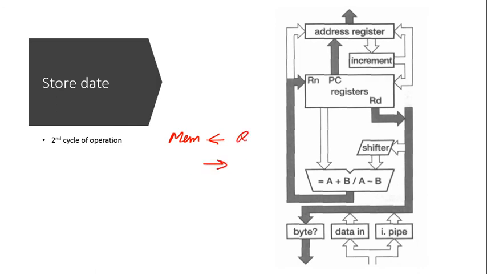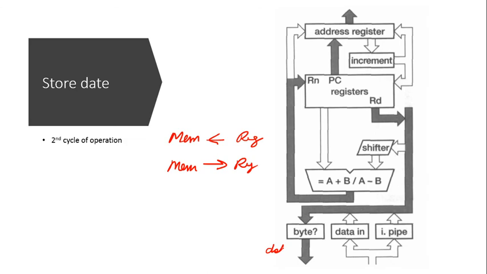This could be a register, and this is memory. So I can have register to memory or memory to register. In case it is register to memory, addressing is always done. The destination will go to this byte, and from this byte will go to the data bus.